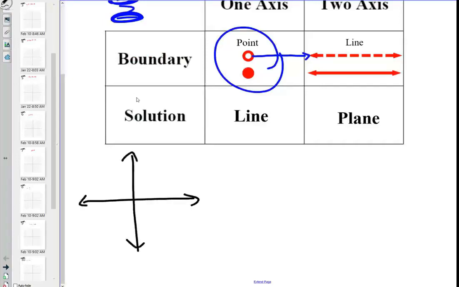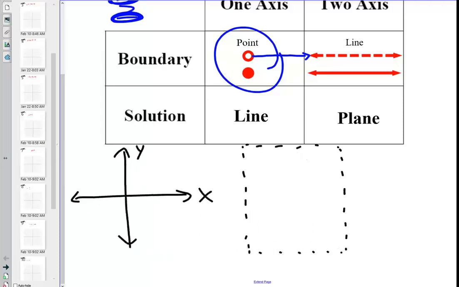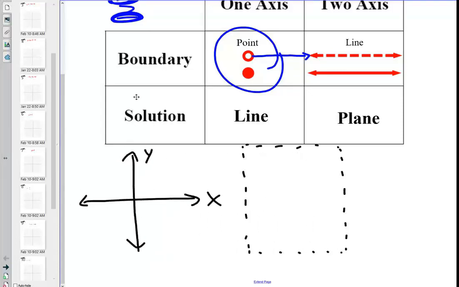Not an airplane, but like a coordinate plane. And if I take these axes off, because maybe it's harder to see, really what you're graphing on is a flat space. Now I could get these axes to measure that flat space, but I'm graphing on a flat space.